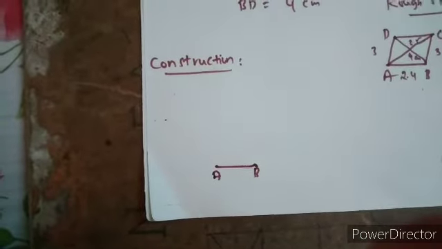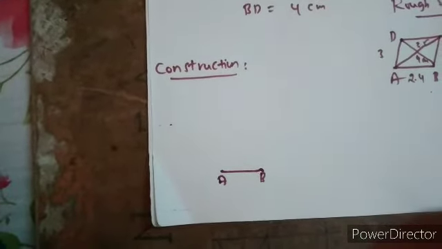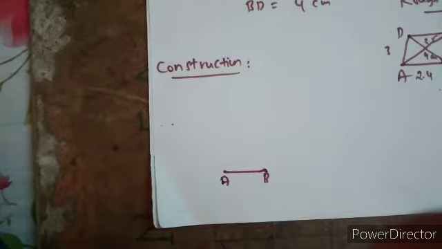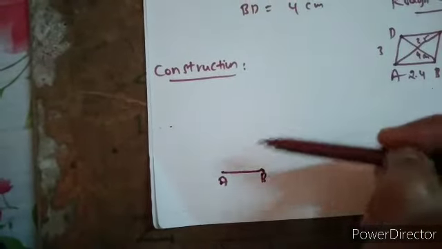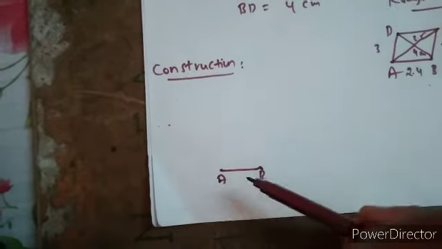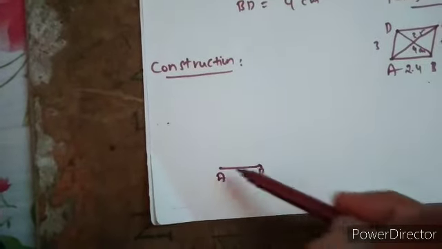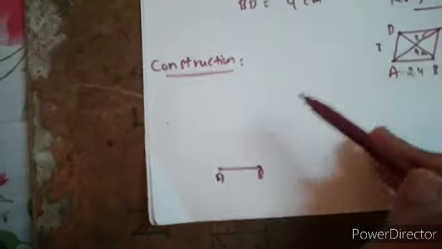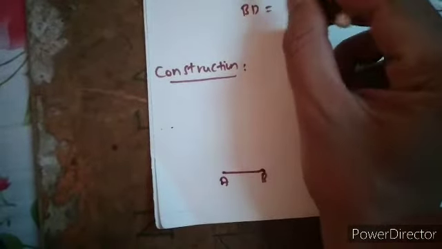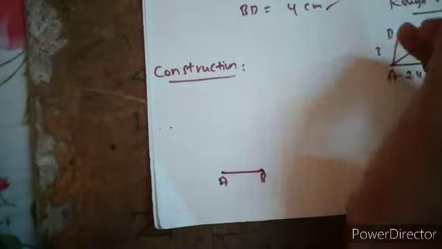After AB, what is given? BC also. We can go towards BC, or we can go for AD also, or you can go for BD also. So what we will do, we will first construct triangle ABD, as we have AB line segment, AD line segment, and BD line segment.